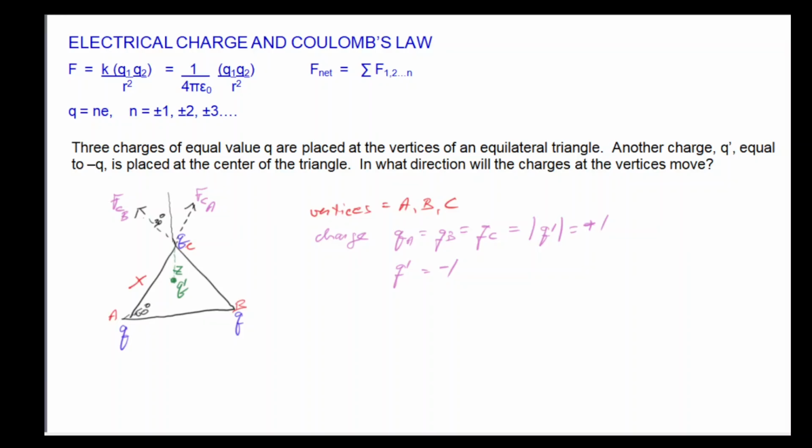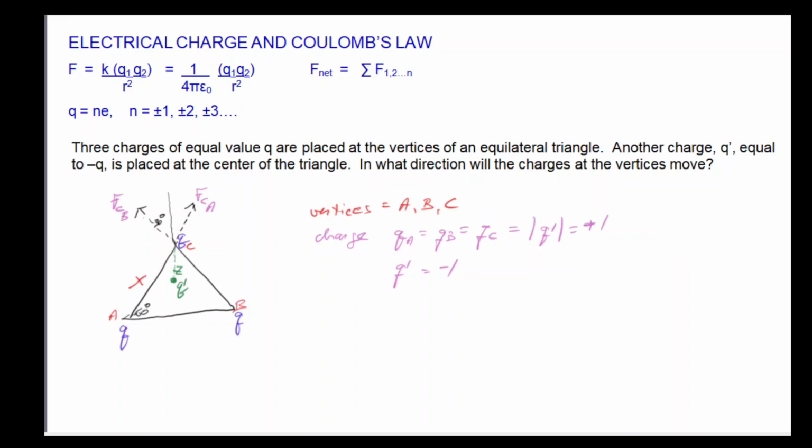Here's another problem. Three charges of equal value Q are placed at the vertices of an equilateral triangle. Another charge, Q prime, equal to minus Q, is placed at the center of the triangle. In what direction will the charges at the vertices move? So I've diagrammed this for you, and I've shown a few facts from the problem.